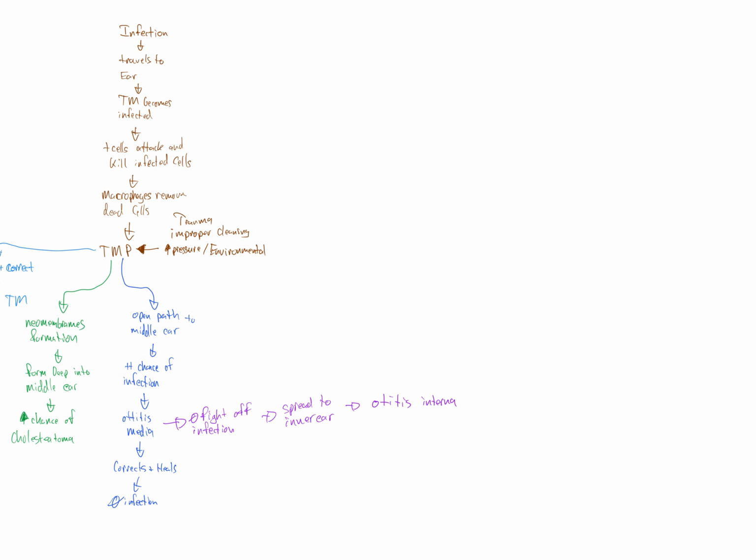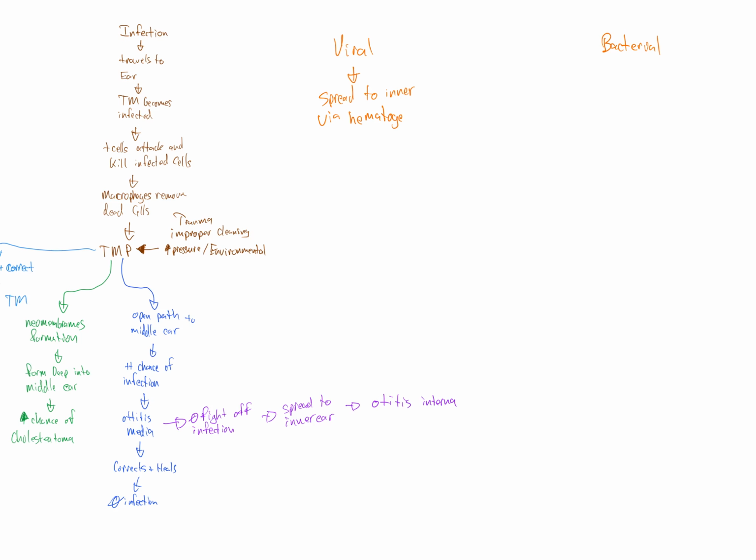There's two types of otitis interna. One is viral and the other bacterial, but they ultimately lead to the same thing. So viral will spread through the blood, so it spreads to the inner ear via blood or hematogenously.